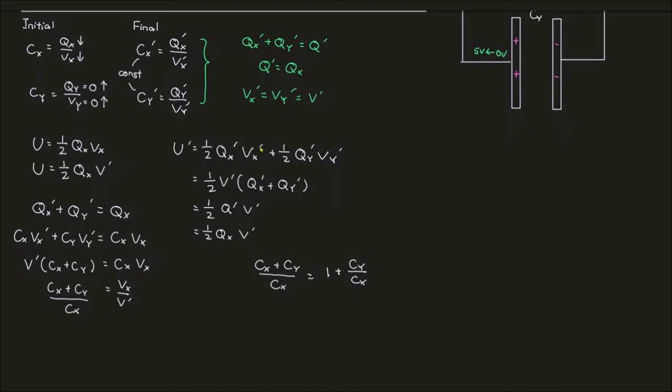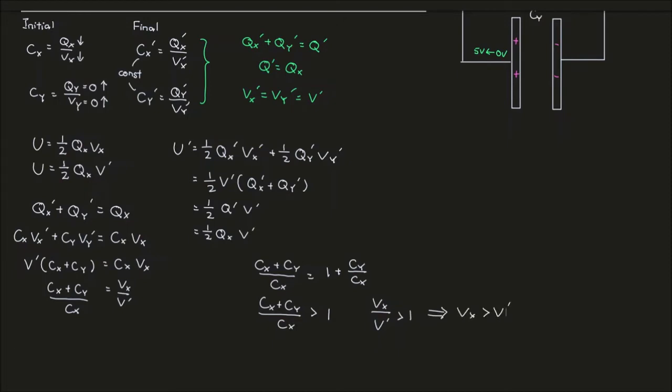So what we know here is that Cx plus Cy divided by Cx is greater than 1. If Cx plus Cy divided by Cx is greater than 1, then Vx divided by V prime will be greater than 1 as well. So in that case, we can say that Vx is greater than V prime.